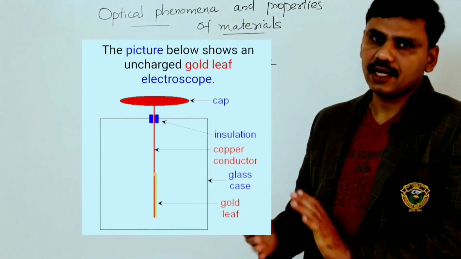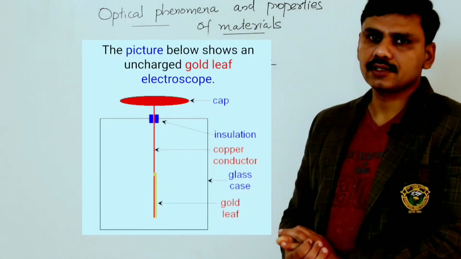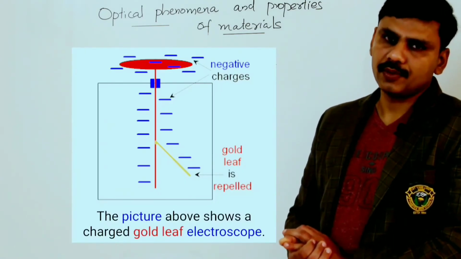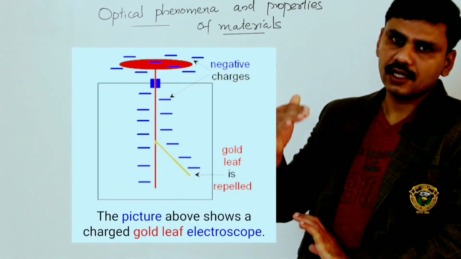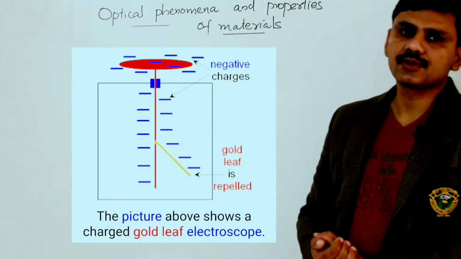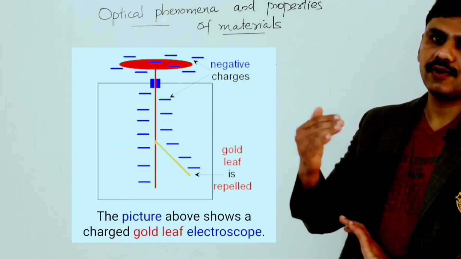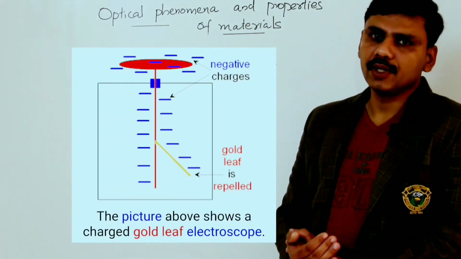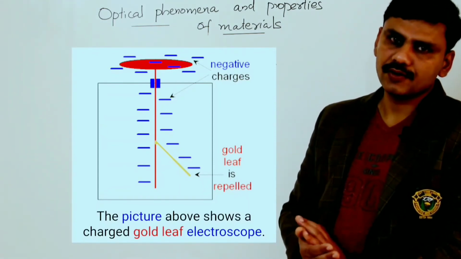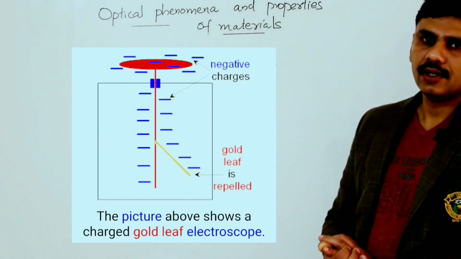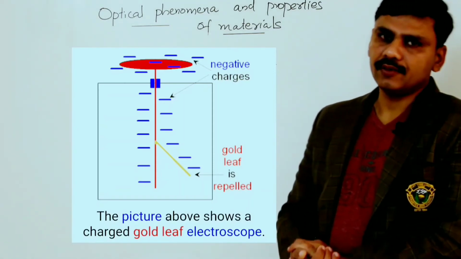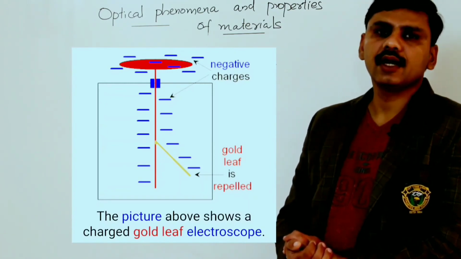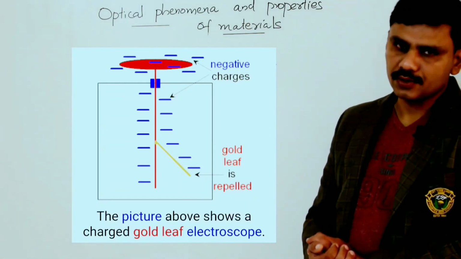When we give a charge, for example, if we are giving a negative charge to the electroscope, there will be more electrons in the electroscope, and these electrons will reach the gold leaves, and because of the repulsion the gold leaves diverge. So initially we are doing the experiment by giving a negative charge to the electroscope.